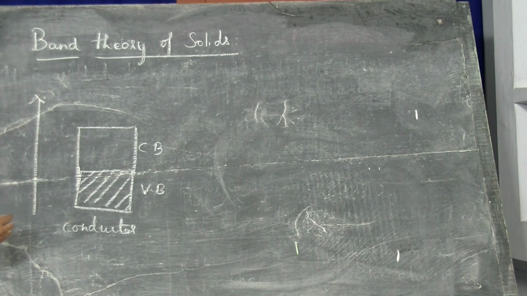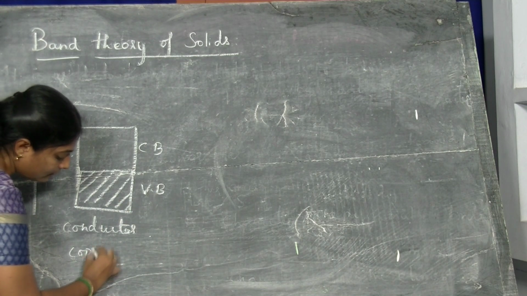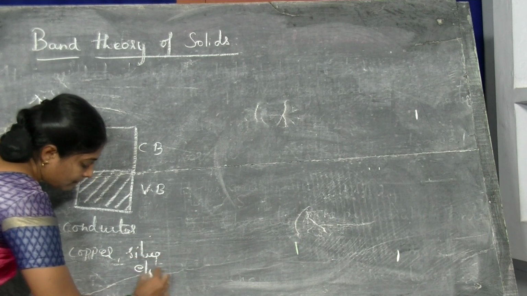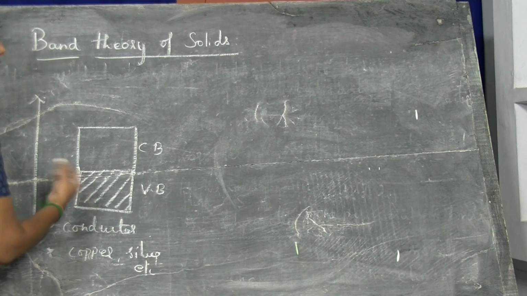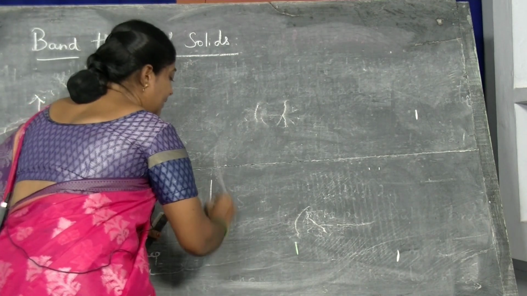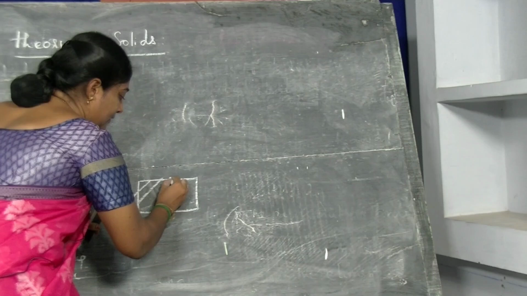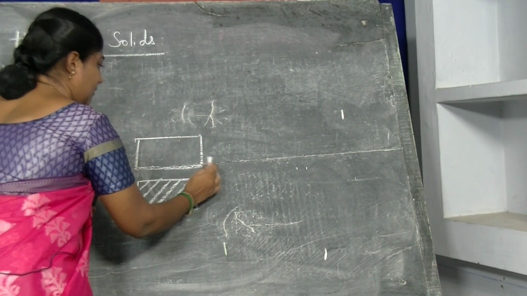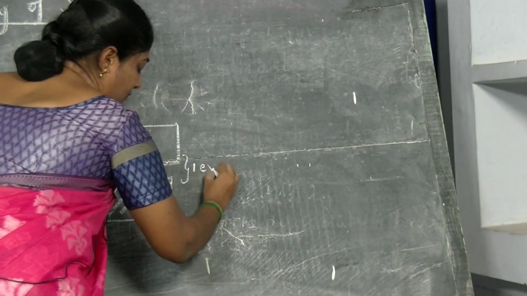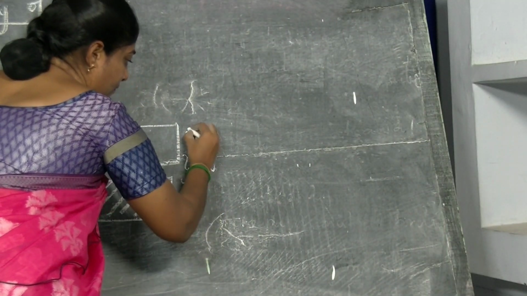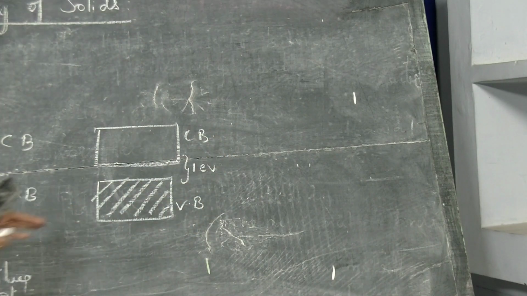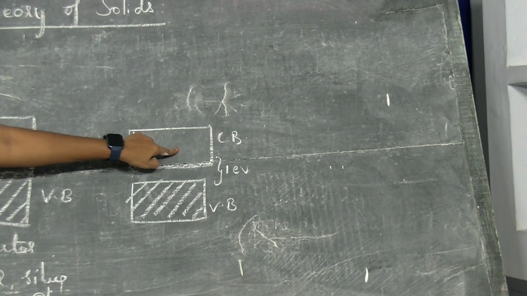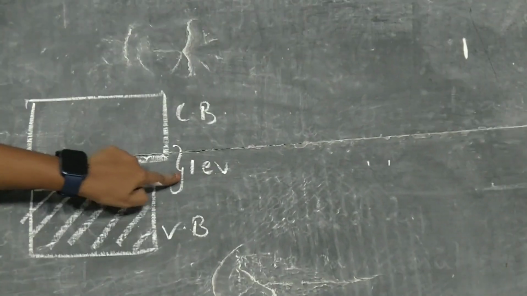Examples of conductors are copper, silver, etc. Next one is the semiconductor. In a semiconductor, there is a little bit of gap between the valence band and conduction band. The gap is 1 electron volt.